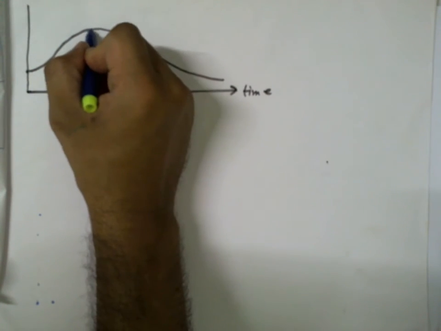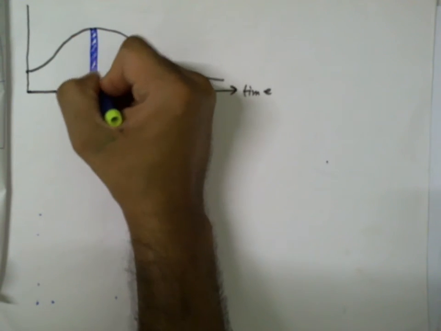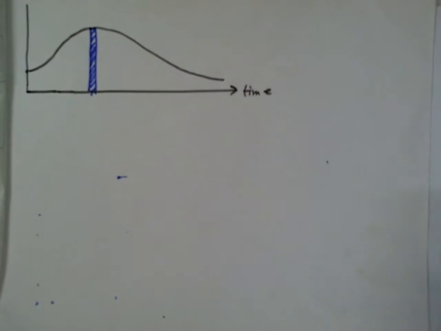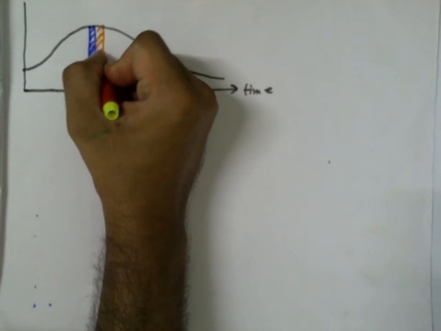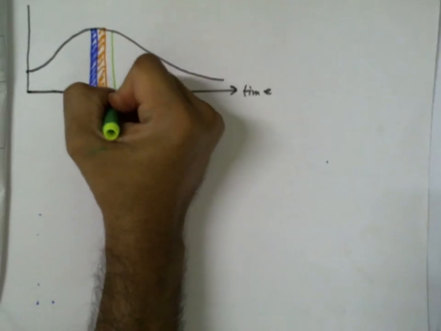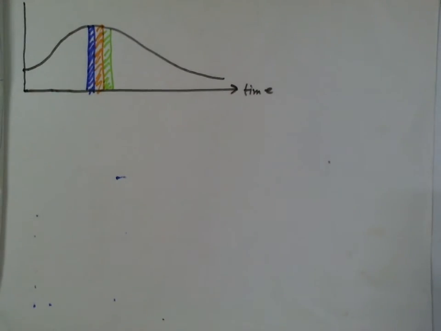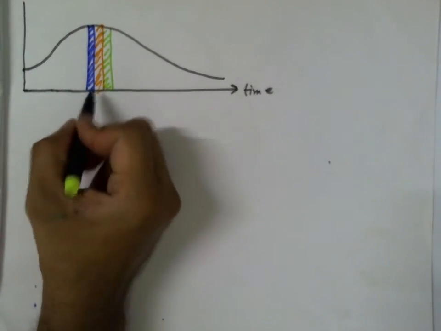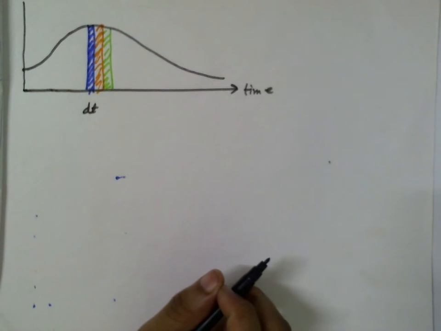And this is chopped into narrow slices like this. Okay, and the width of each slice is dt.